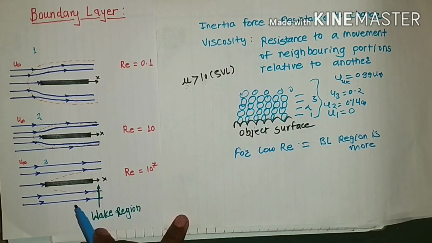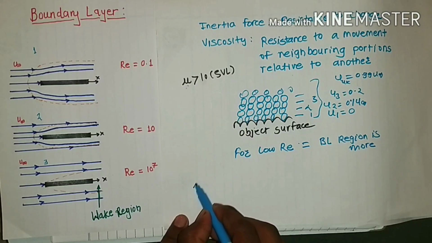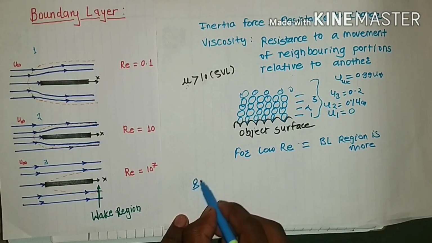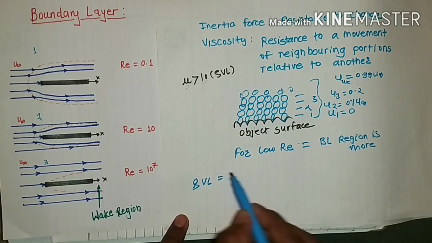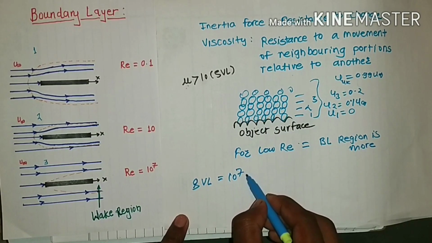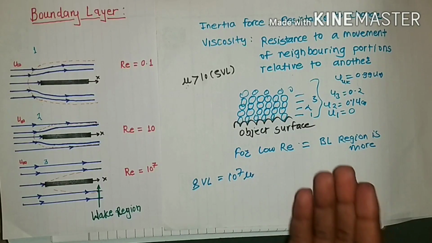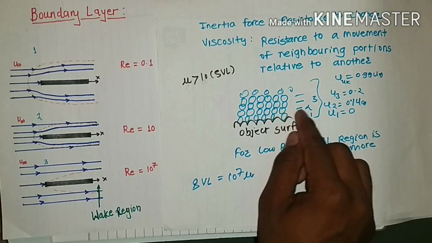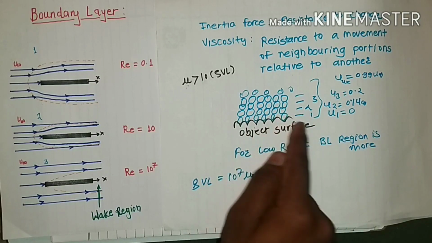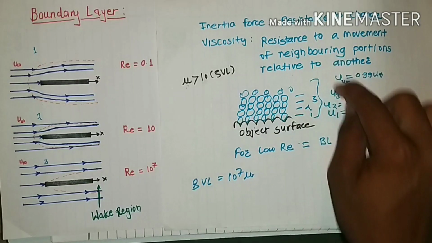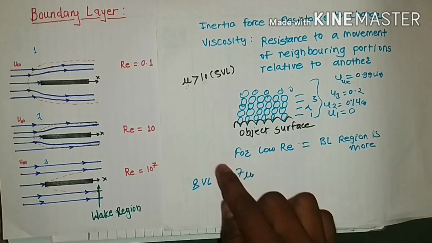If you go to the third figure, where rho VL is 10 raised to 7 times viscosity, here inertia force dominates viscosity. So there is less resistance between the two layers. So a drastic change in velocity occurs because of high velocity.